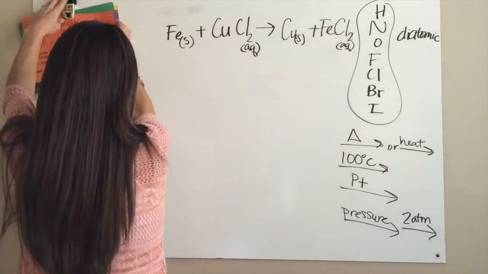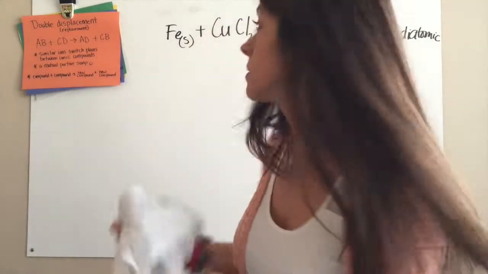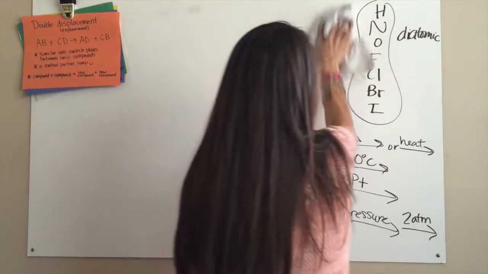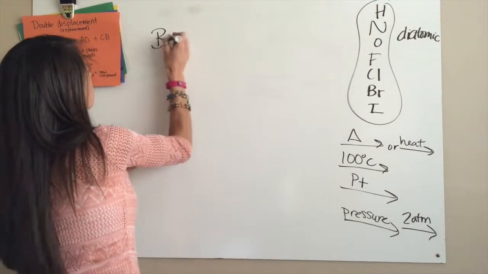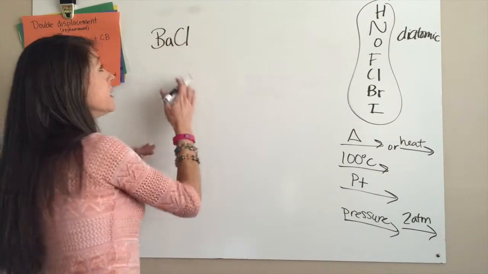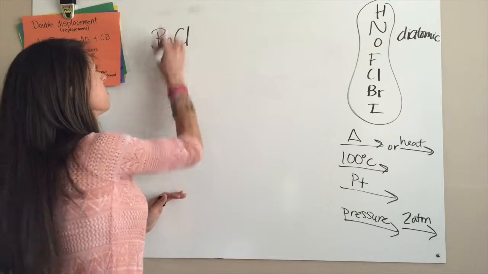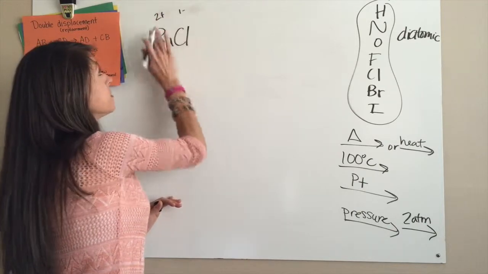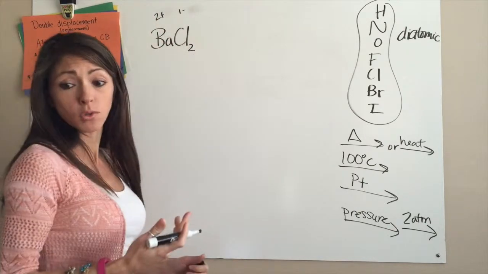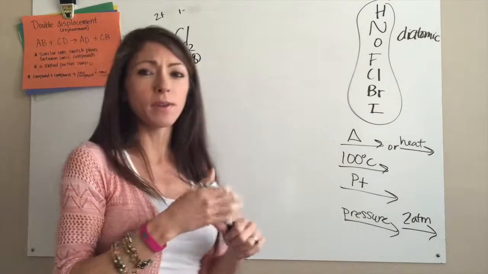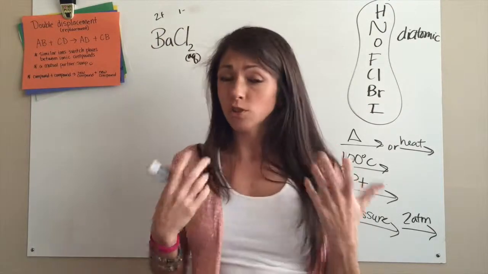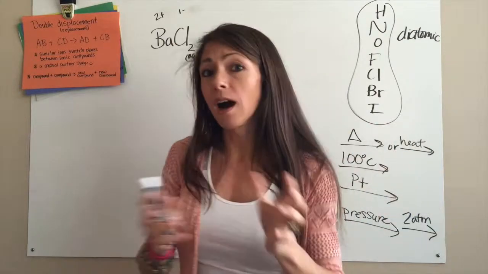Now, the reaction that I'm going to give you for the double displacement reaction is barium chloride. Now, barium is 2 positive and chlorine is 1 negative, so this should be BaCl2, okay? Now this is a double displacement, where you have 2 solutions where ions will swap.